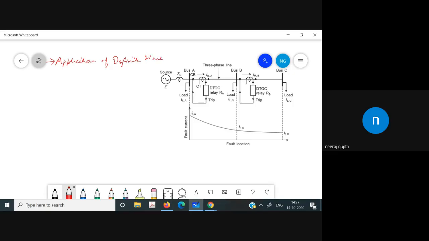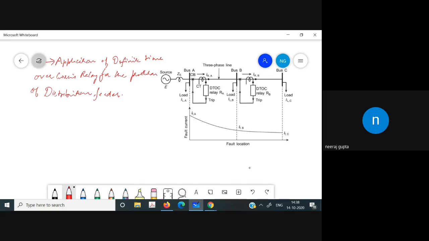Definite time overcurrent relay for the protection of distribution feeder.